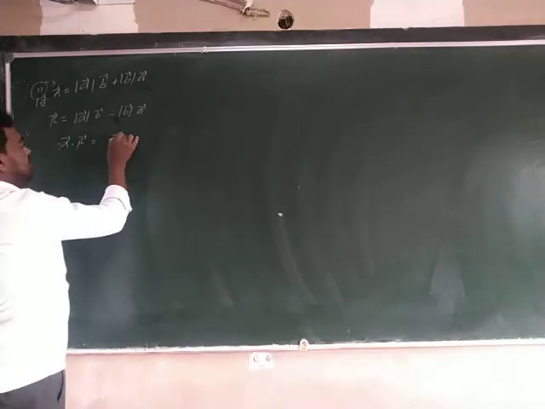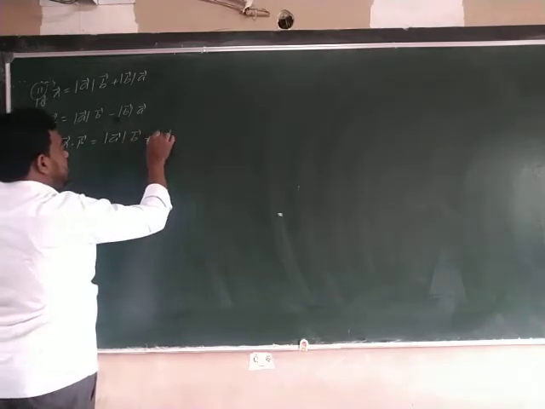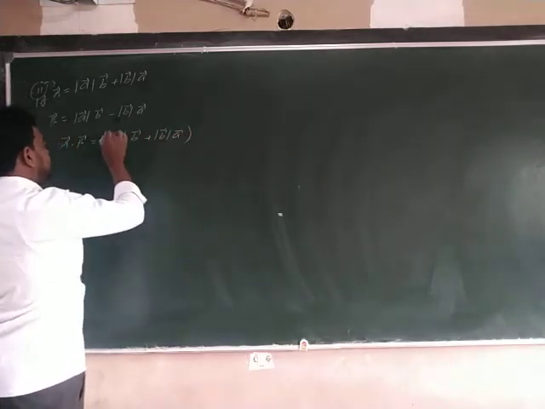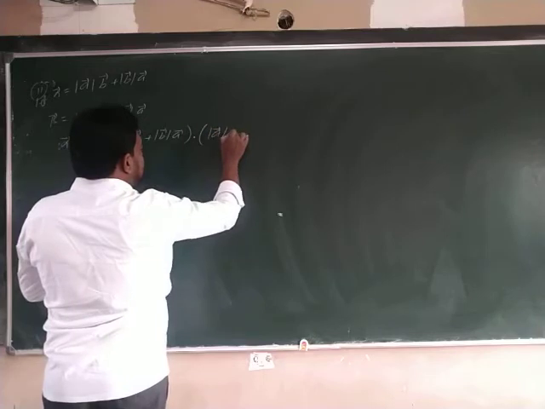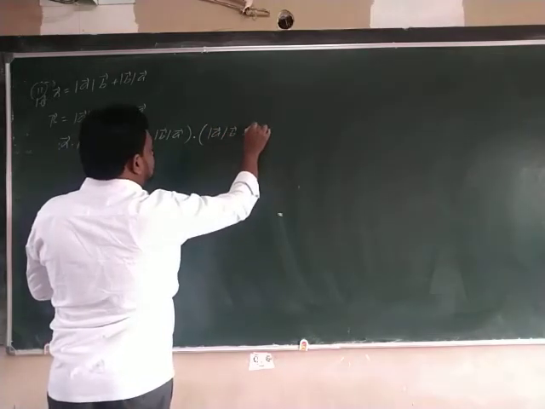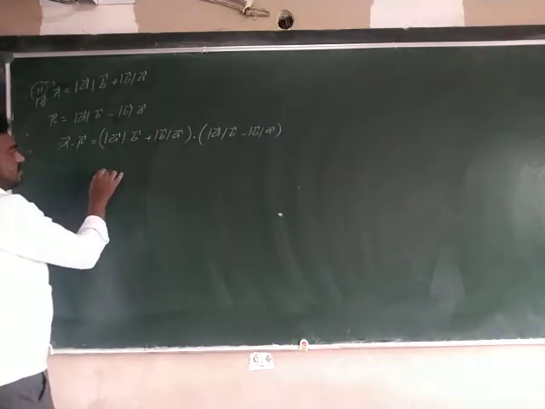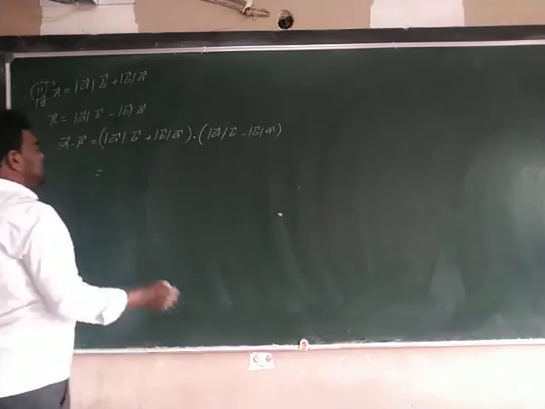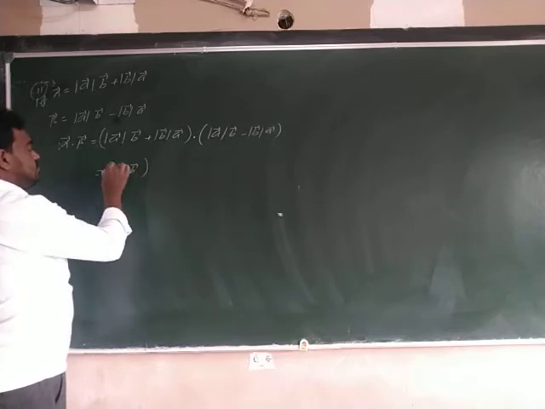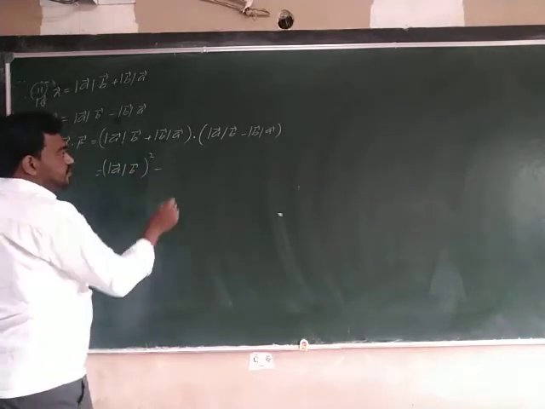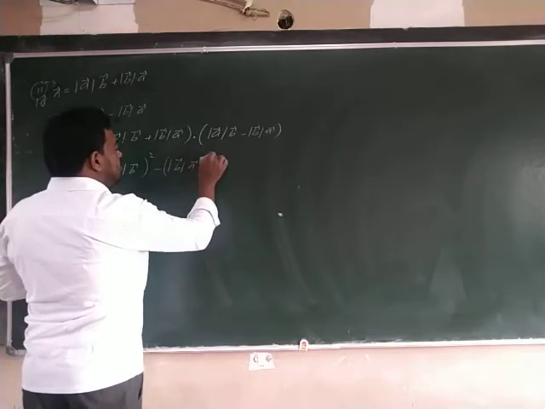That is magnitude of A into vector B plus magnitude of B into vector A, dot, magnitude of A into vector B minus magnitude of B into vector A. It is in the form (a plus b)(a minus b), a square minus b square. That is magnitude of A into vector B whole square minus magnitude of B into vector A whole square.